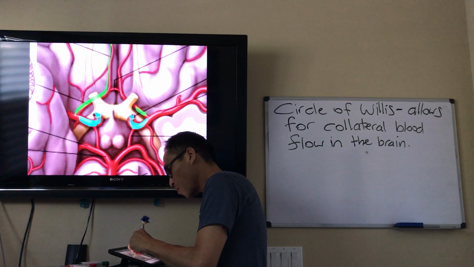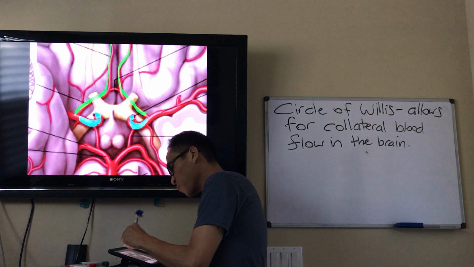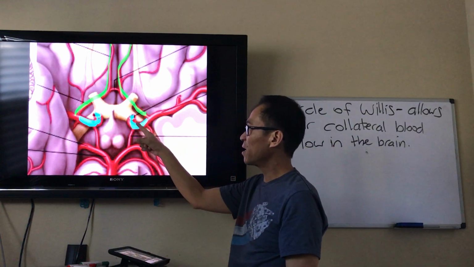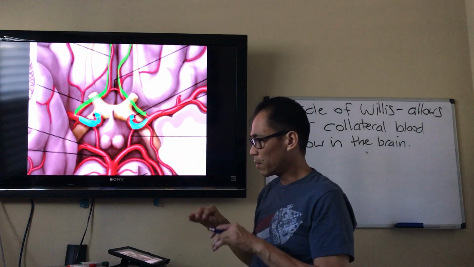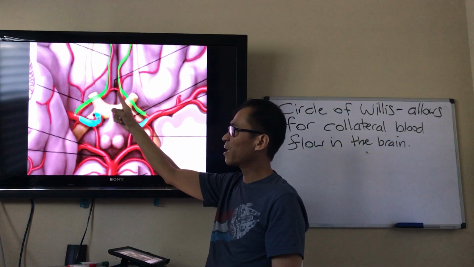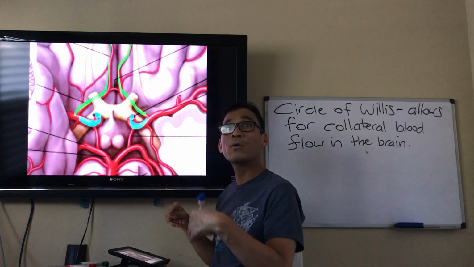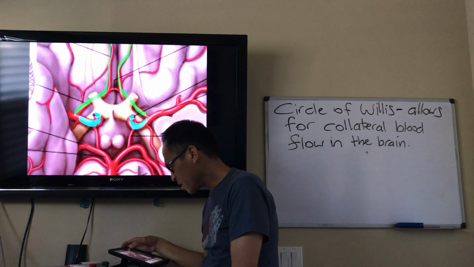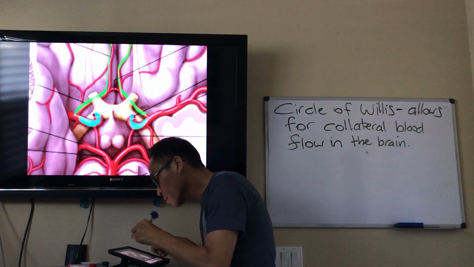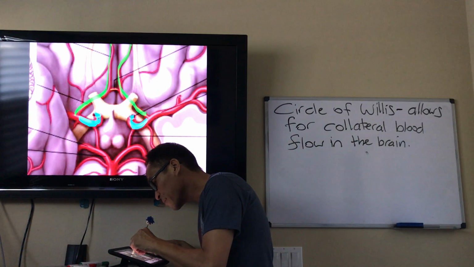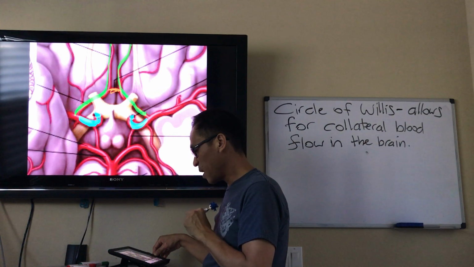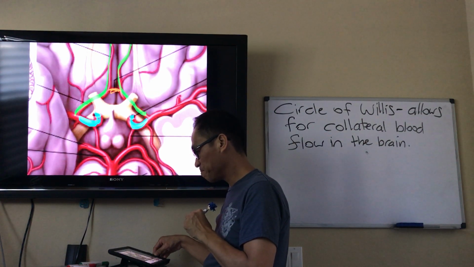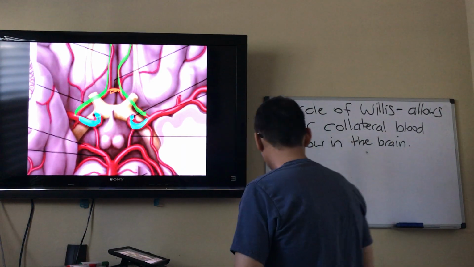And I'll write all these out. Once again, the ICA gives off a branch on both sides, the anterior cerebral artery. There's a very short artery right in the middle that connects the two sides. That's the anterior communicating artery. Right there, anterior communicating artery. All right, so let's write those three.